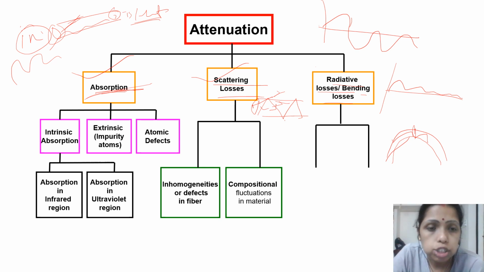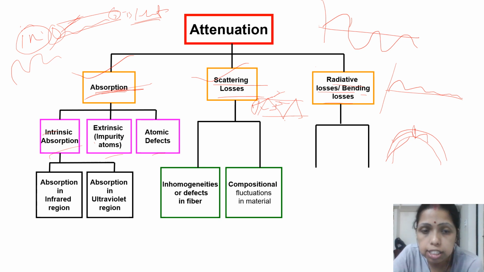So for absorption, there are intrinsic absorption, extrinsic absorption, and atomic level. Intrinsic absorption means whatever material is used for designing the optical fiber, the light can be absorbed by that material. Extrinsic means if some impurity is added during the fabrication.